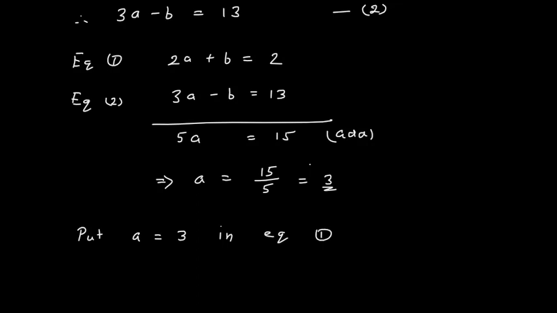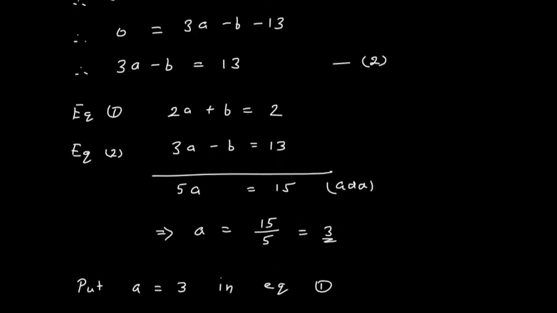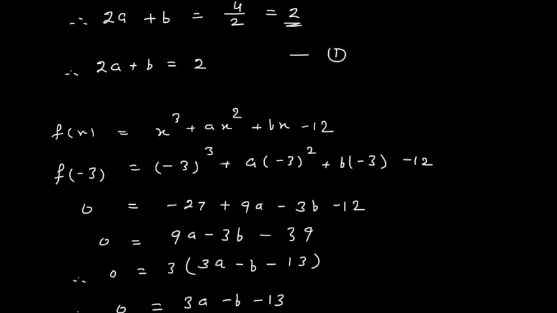Therefore I get b is equal to 2 minus 6, which is minus 4. So the value of a is 3 and the value of b is minus 4. In our question it is asked to find the constants a and b. So finally I will say that a is 3 and b is minus 4. This is your answer.